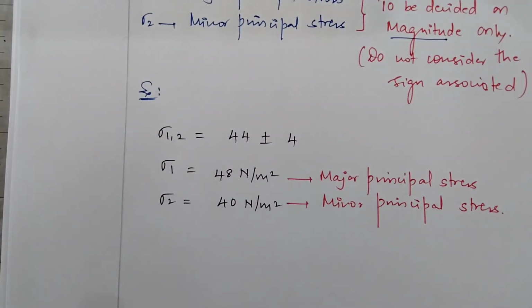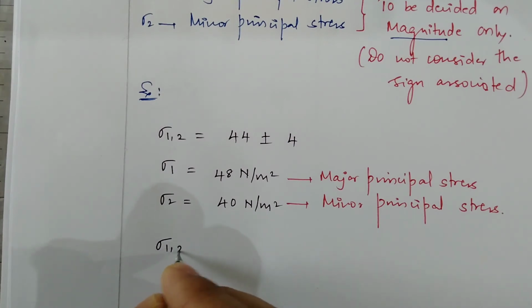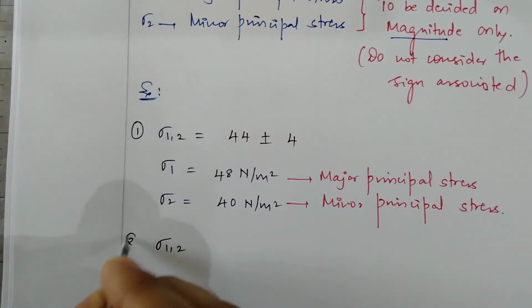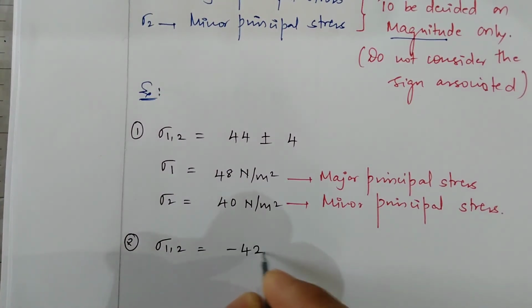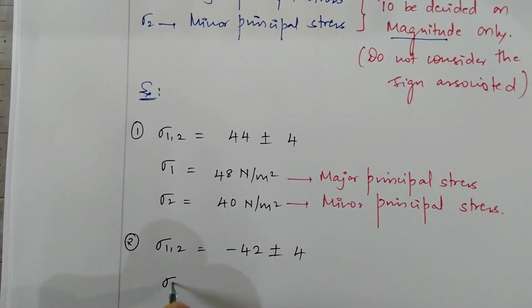Now the same example, let me alter it. What if I am getting something of this sort? Sigma 1 comma 2, this is example number 1. Example number 2, for the same equation, if I am getting minus 42 plus or minus 4, right? In that case, sigma 1 will be minus 42 plus 4, which is minus 38 Newton per meter square, and sigma 2 will be minus 42 minus 4, minus 46 Newton per meter square.